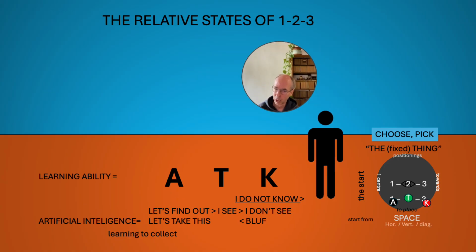But the I-do-not-know idea is very important. In A it is I think to know. In T it is I see something, so this should be the thing, this is correct. And I do not know is actually also like, you cannot make it into, okay, this is correct as well. This is a wrong assumption.